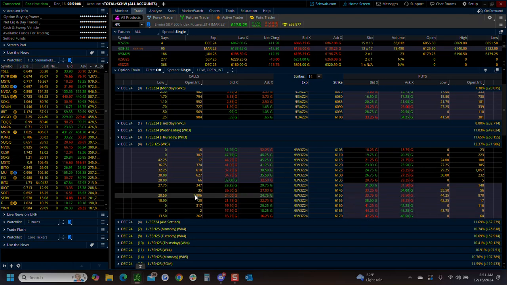See this 1800 contracts right here. So there's going to be a call wall at the 6150s on these H25s, and so be very mindful. That's 4 days out. So heads up on that. There's a call wall at the 6150s.